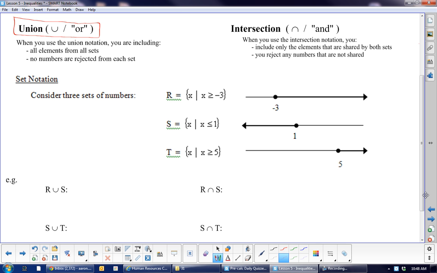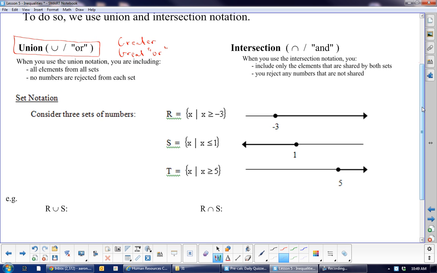And when we do inequalities and it's greater, I always think it's great or. Okay? So whenever you do greater, you're going to use union.